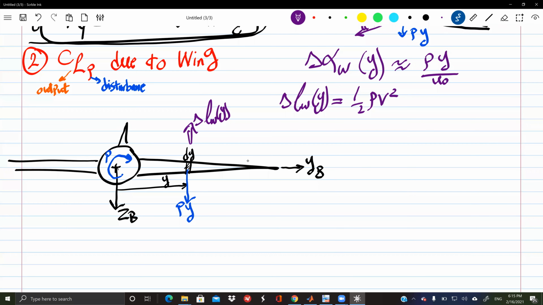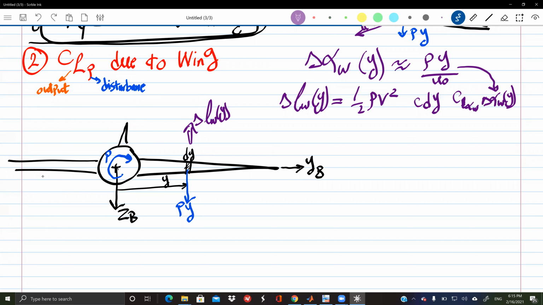I'm just taking a slice of it. So it's just c times dy, the chord times dy, as we always do. And then 1/2 rho V squared area times CL alpha wing times delta alpha wing at this y. So this comes right away. All right, so the effect of this disturbance on my wing is an increase of the lift on the right wing, and of course a decrease on the left wing.